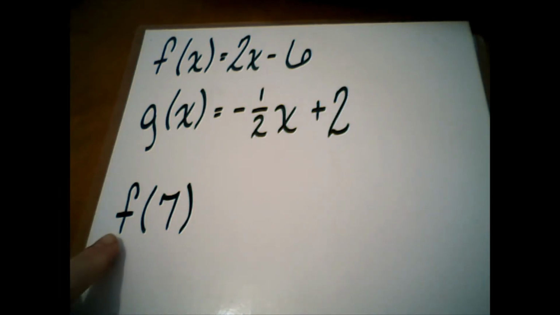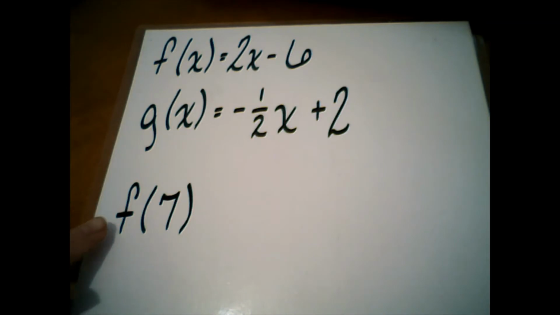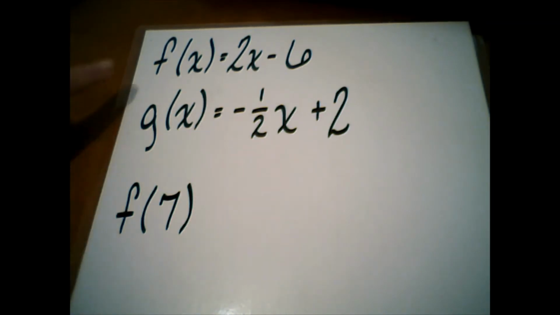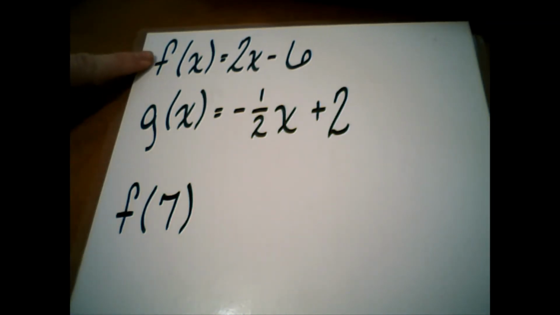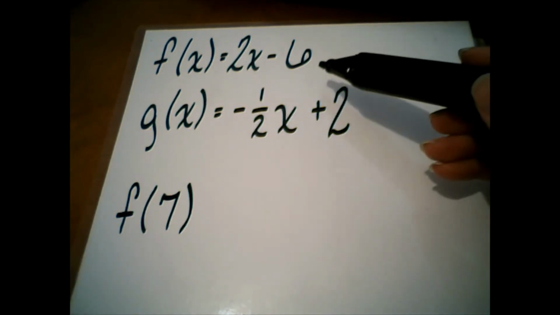They said find the value of f at 7, so we know 7 is the value of x. Because it's using function f, we'll go ahead and use this function. If they wanted us to use this one, it would say g of 7. But since it says f of 7, we'll use this first function.